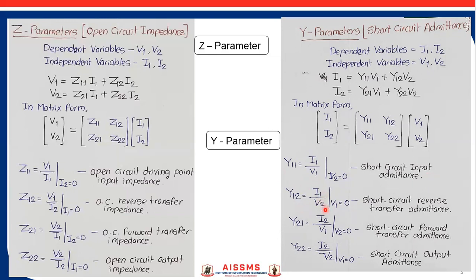Y12 is I1 upon V2, V1 equal to 0, short circuit reverse transfer admittance. Y21 equal to I2 upon V1, V2 equal to 0, short circuit forward transfer admittance. Y22 equal to I2 upon V2, V1 equal to 0, short circuit output admittance.